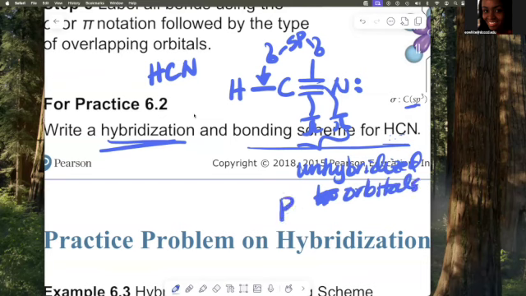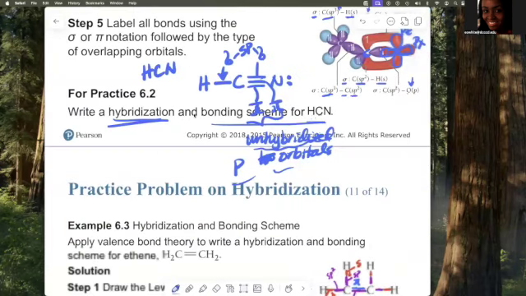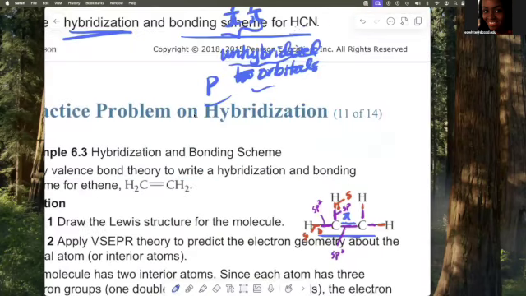Okay? So once again, sigma bonds and lone pairs, you have to use hybrid orbitals if it's a central atom. And then for the second and third bonds, it has to be unhybridized p orbitals. Okay? I feel like I sound like a broken record.